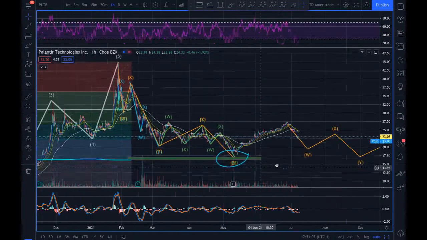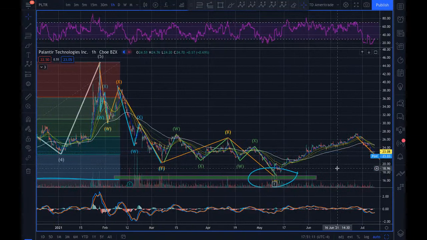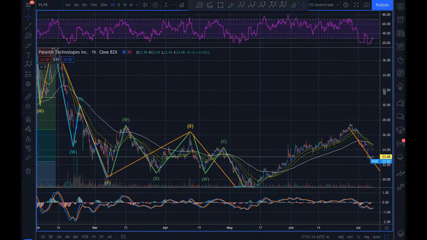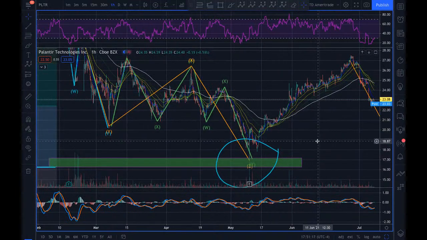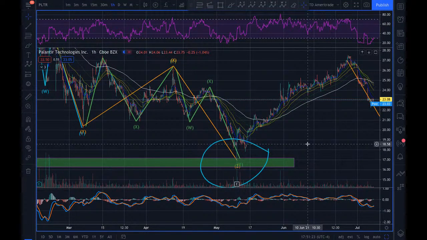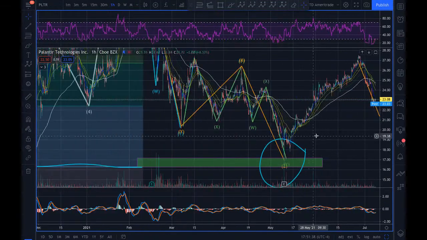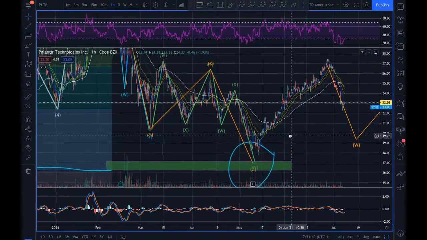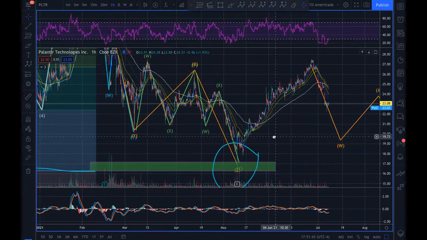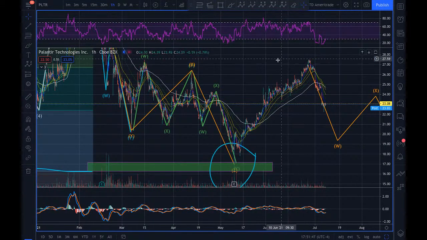Let's see if this was 5 waves up. This wave right here. If it is, I don't see it very clearly. Okay, so I'm quiet as I just stare at this wave.